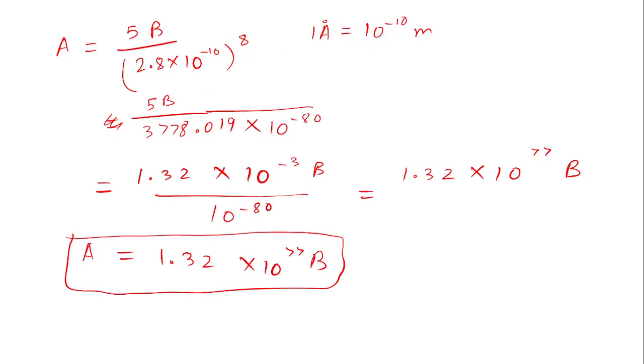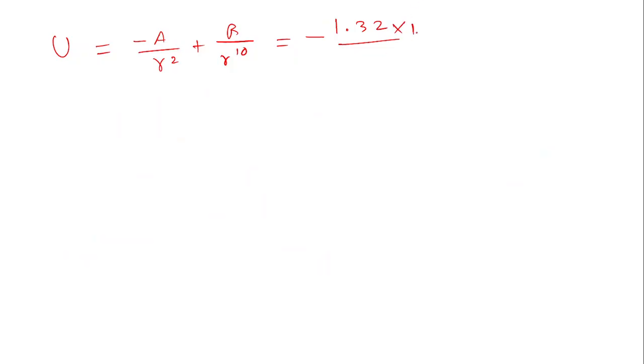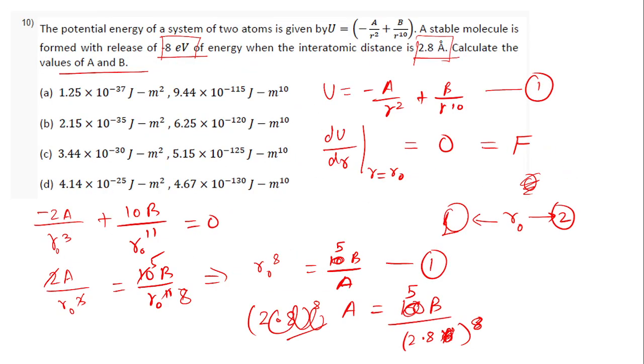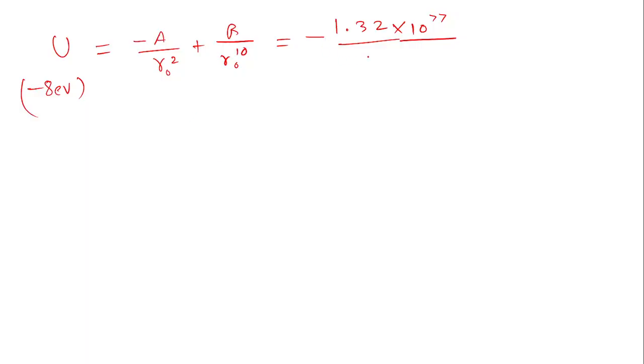times 10 to the power 77, and the value is minus 8 electron volt when these are at equilibrium distance. So putting that value here, that is given actually as 2.8 angstrom, so 10 to the power minus 10 and square of it, plus b, which is still unknown.